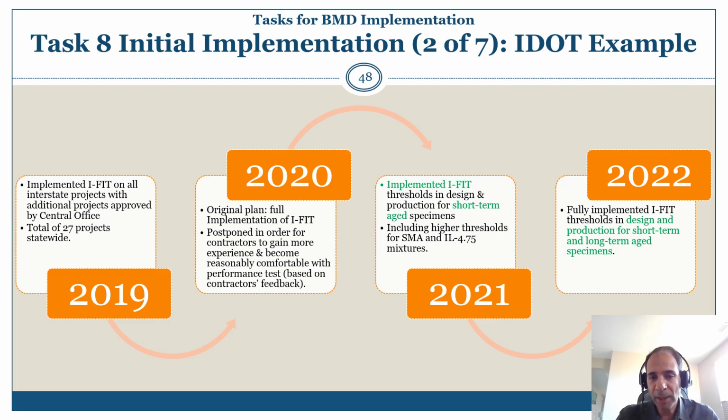In 2021, the iFit thresholds were implemented in both design and during productions, but that was only for short-term aged specimens because in parallel, they had some studies going on to establish the criteria for long-term aged specimens.